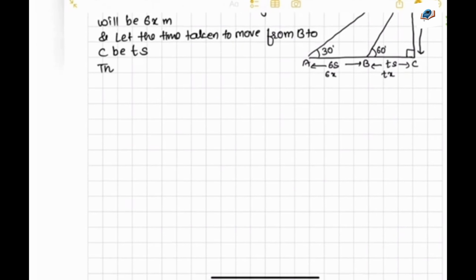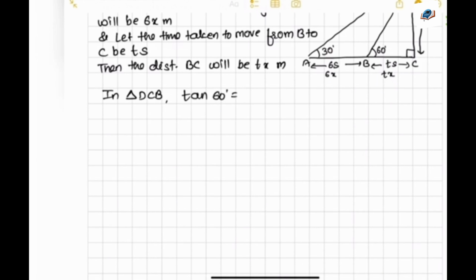So now then the distance BC will be tx meter. Now in right triangle DCB, tan 60 equal to DC by BC.